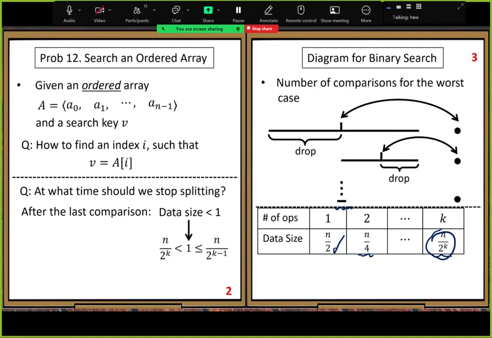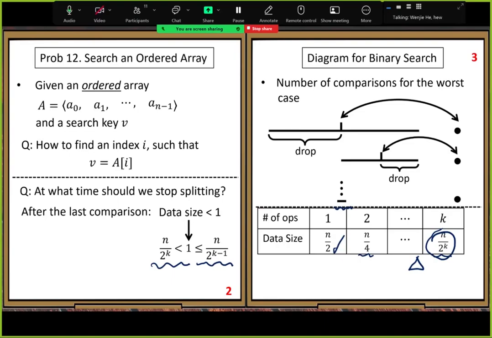So the data size should be strictly less than 1, but its previous data size should be greater or equal to 1. The previous one, N over 2 to the k minus 1, should be greater or equal to 1.